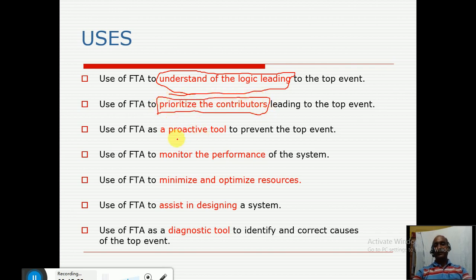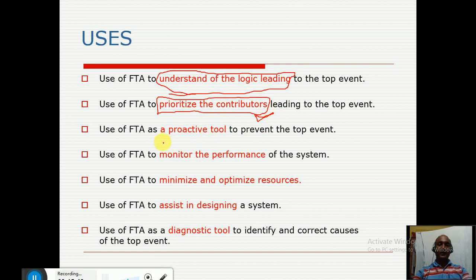In the previous example, the operation theater failed, but we have put the reliabilities for the transformer and for the generator. By viewing these reliabilities, we can prioritize the importance of the different elements, so that we can focus more on elements which are important and less on those which are not so important.